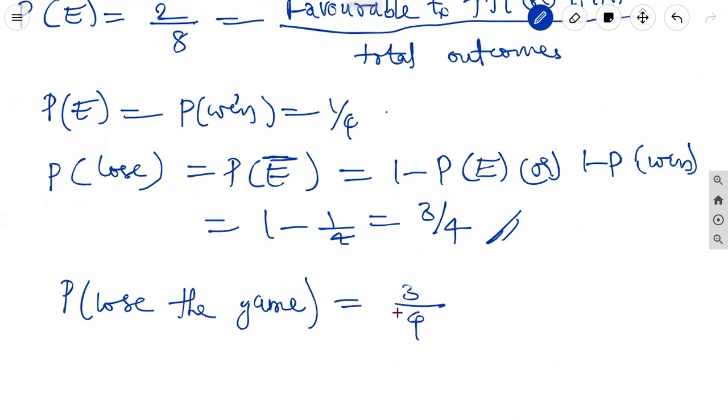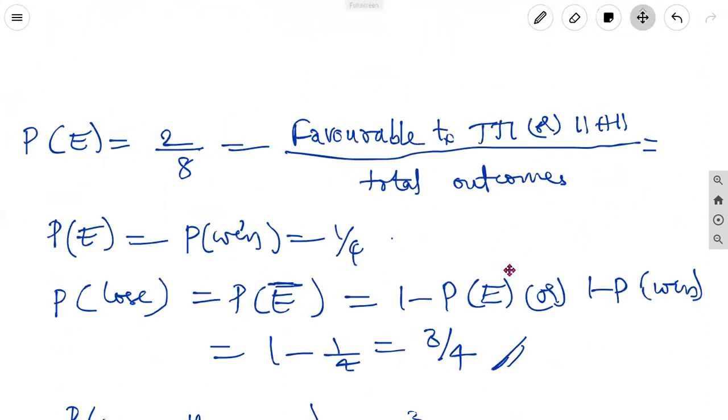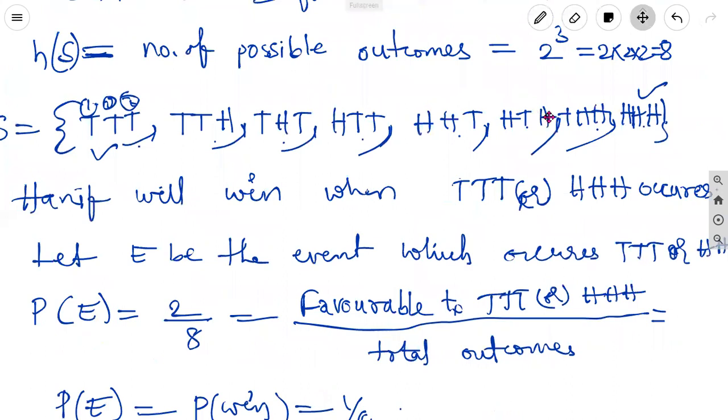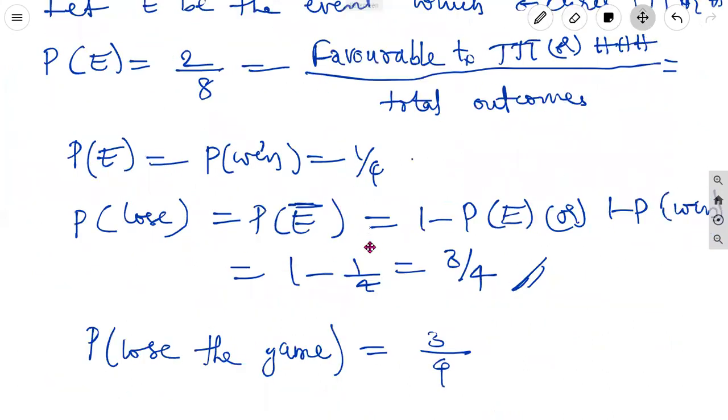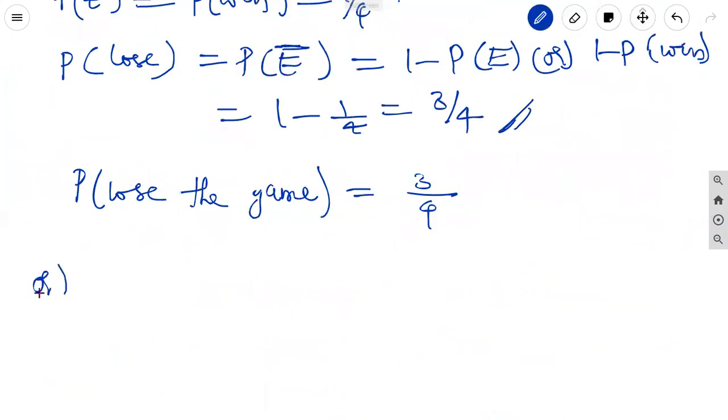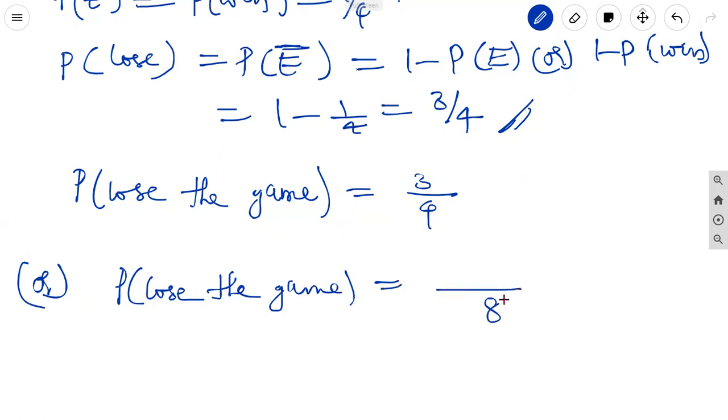And you can take other case also. Lose the game means except 3 heads and 3 tails. The remaining how many are there? 8 minus 2, 6. Or probability of loss the game means total outcomes are 8, minus the 2 cases of 3 heads and 3 tails.